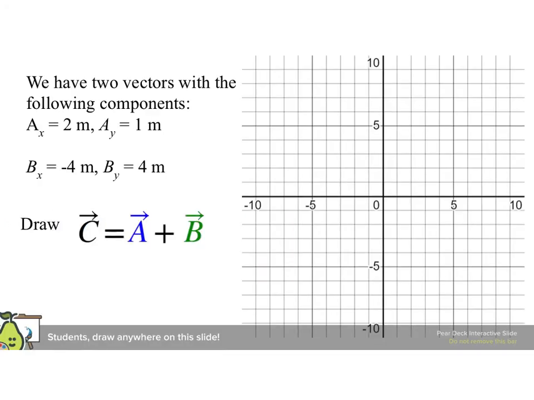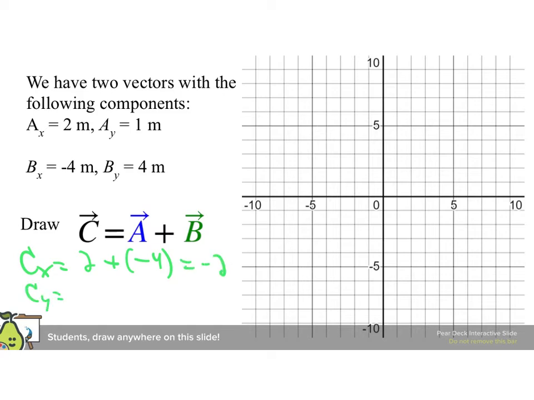As an example, we have two vectors with the following components. Ax is 2, ay is 1, bx is minus 4, and by is plus 4. Let's draw c equals a plus b. Well, since c is a plus b, then cx is ax plus bx, which is 2 plus minus 4, or minus 2.